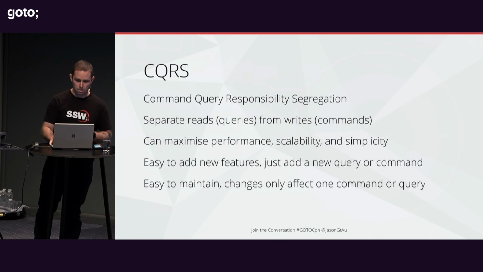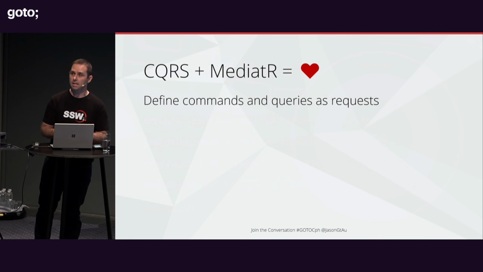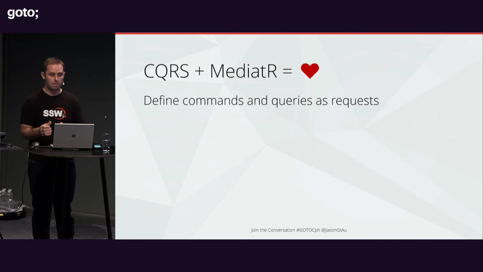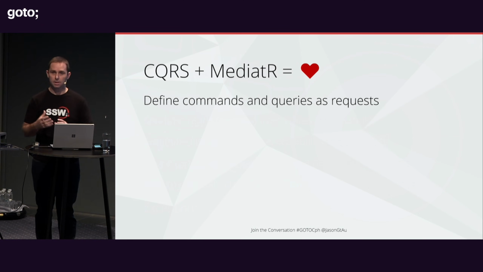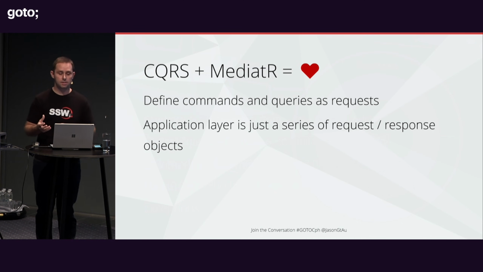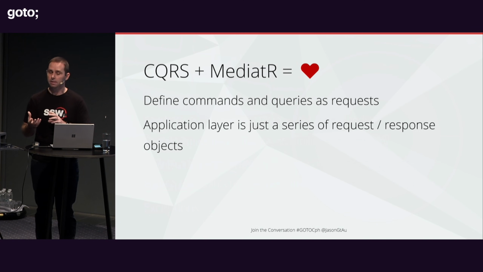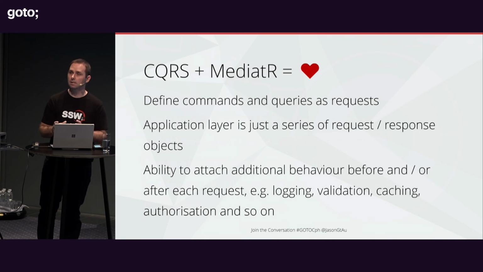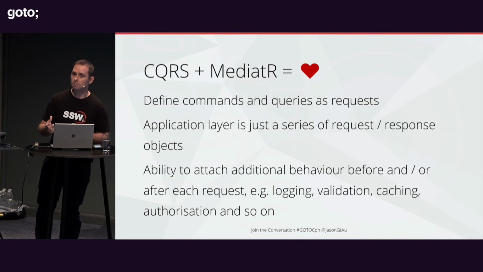What's more is that if you're writing CQRS, you should also use Mediator. Those two are like the perfect couple. So with Mediator, we define our commands and queries as requests. And that means that the application layer is just a series of request response objects. And that might not sound like a big deal, but it's what happens next. It's the ability to attach additional behavior to any request that comes into the system.